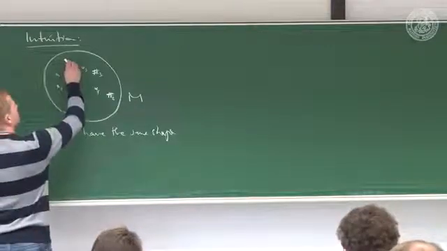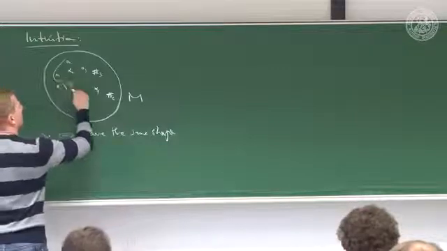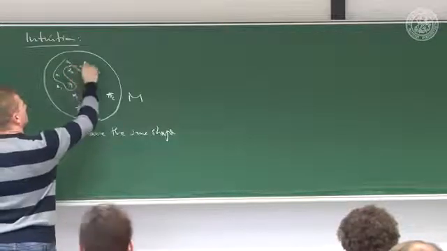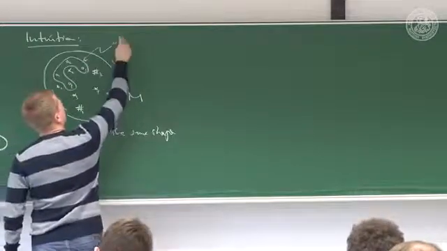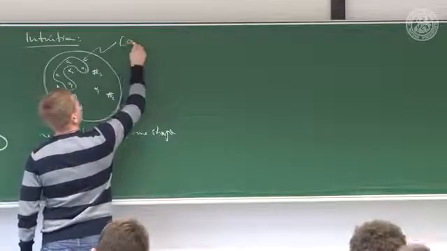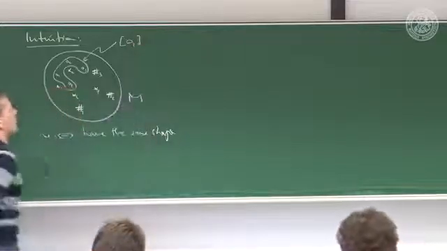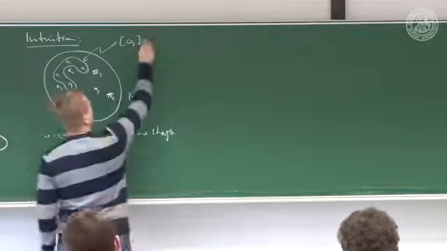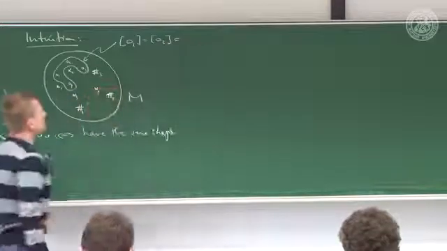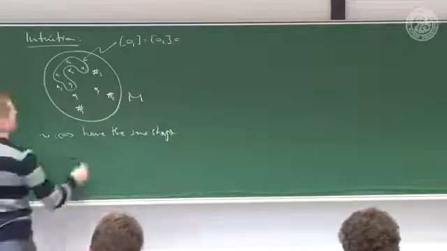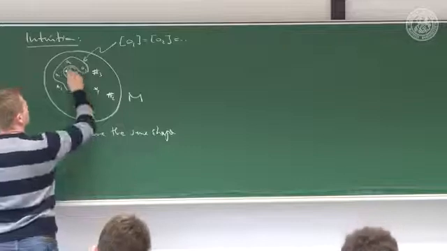Well, this set is one equivalence class. We could call it the equivalence class represented by circ 1, but obviously it's also the equivalence class of circ 2 and so on. The next equivalence class is this set.